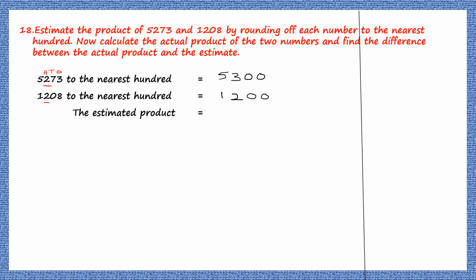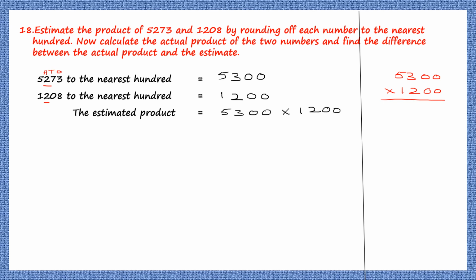Now we have to find the product, the estimated product. That means we have to multiply 5,300 into 1,200. So let's do that multiplication. Multiplication by numbers ending in zeros is very easy.